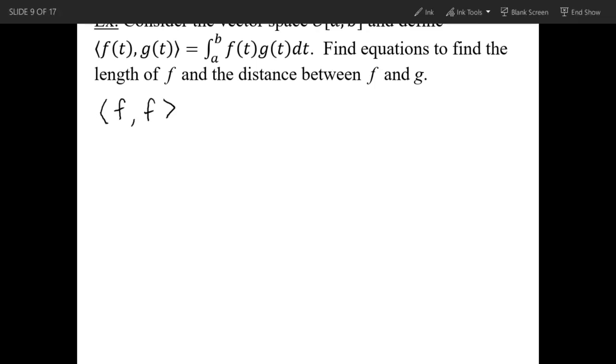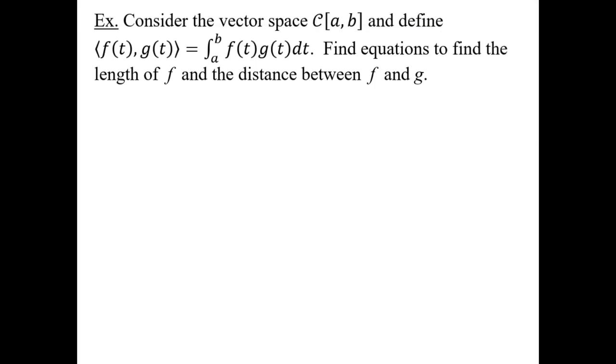So, I'm sorry, wait, let me start this over again. We know the length of f, or the magnitude of f squared, is the inner product of f with itself. And so that would be the integral from a to b of f squared dt. And really, there's nothing else we can do. That's about as simple as it gets.